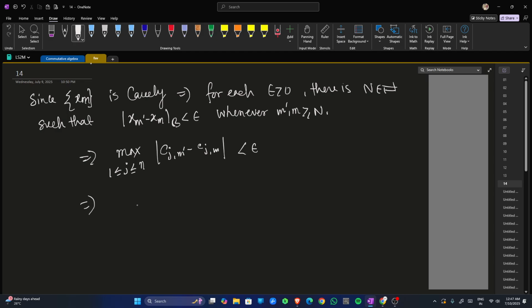So this implies cjm prime minus cjm is less than epsilon for all j from 1 to n.